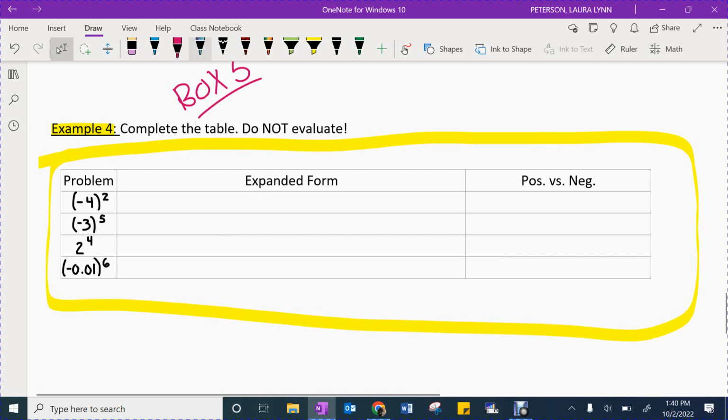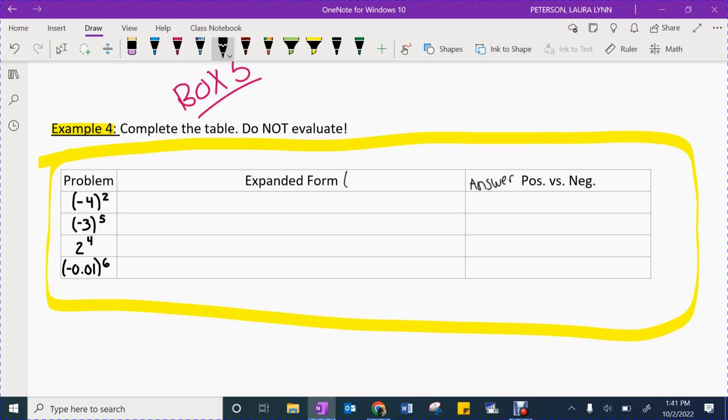Okay. This is the last question, and there's a reason I've chosen to do a chart one more time dealing with our exponents, and I'll point that out at the end. We have 4 questions, and then the middle of our chart says expanded form, and then it says positive versus negative. So that would be if I actually multiply things out, is our answer positive or negative?